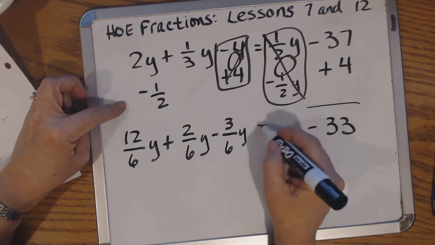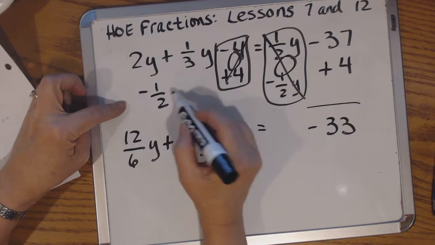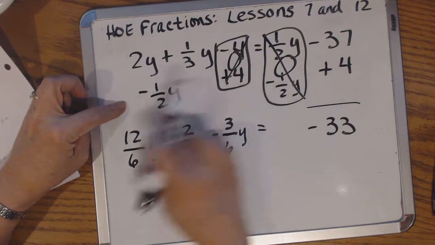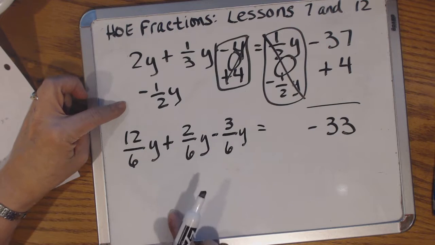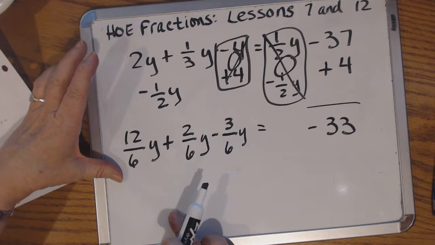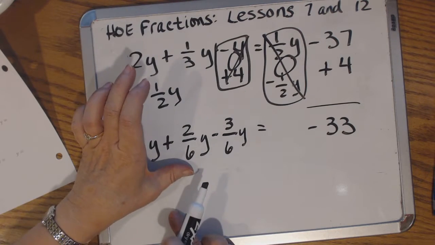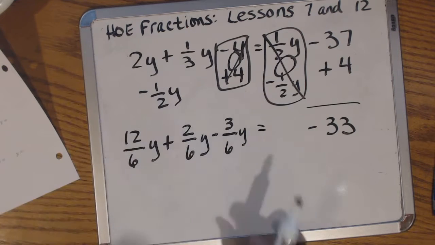So all I did was convert each one of these fractions into 6. 2y is equal to 12/6. 1/3 is equal to 2/6. 1/2 is equal to 3/6.